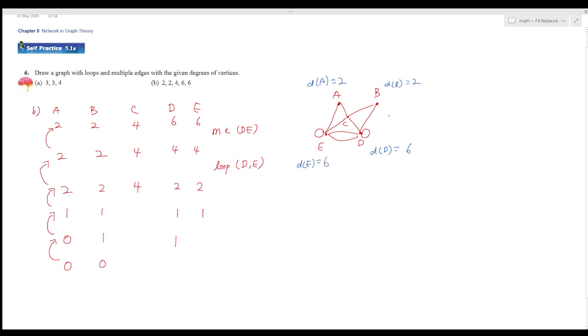And the last one, degree of C: 1, 2, 3, 4. Degree of A and B is 2, correct. Degree of C is 4. And the degree of D and E is 6. And this is the correct graph also. So there are many possible answers that you can draw.